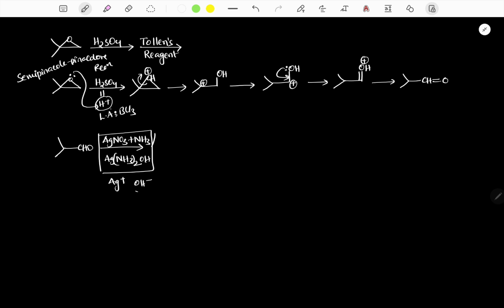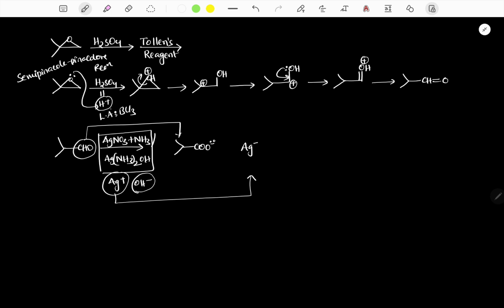In the presence of basic medium, we have to consider Ag+. So what happens here? The CHO group, the aldehyde group, undergoes oxidation by losing electrons and the silver ion will be reduced.